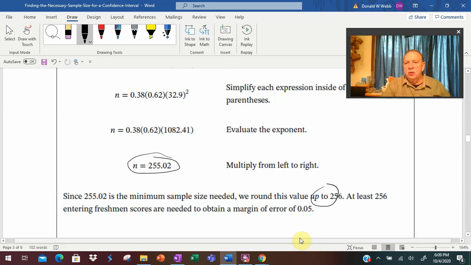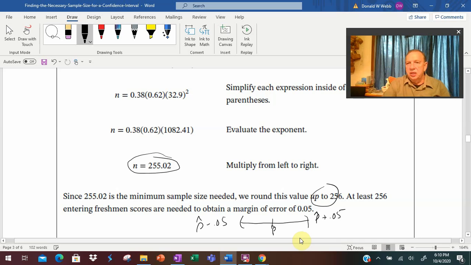So what does that do? If you go and grab a sample of 256, at that confidence level, you'll be able to obtain a margin of error plus or minus 0.05. It'll still be in the middle, so you'll have the p hat from that sample, and then you will have p hat plus 0.05, p hat minus 0.05.